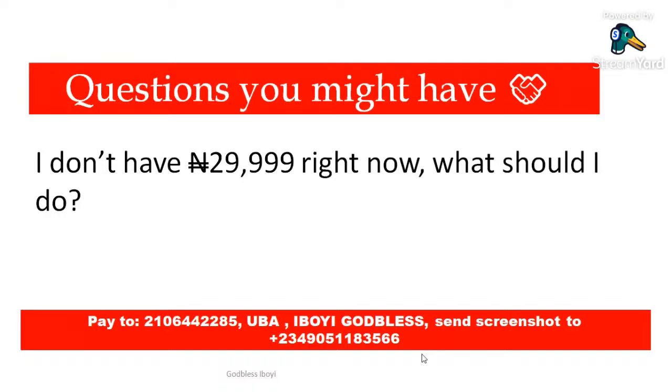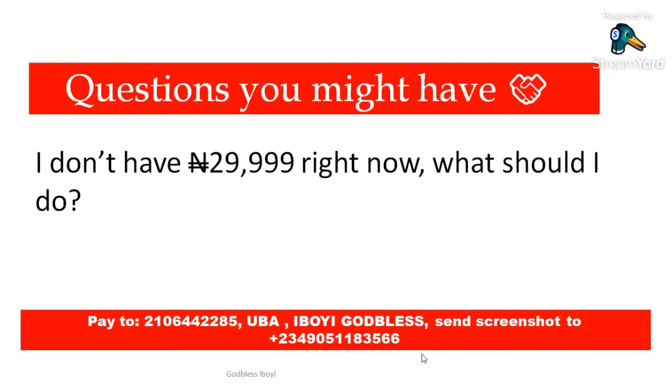And just to help you out, I will be accepting installmental payment, right? So you can pay bit by bit, you can pay twice or thrice, right? The best way I can help you is if you can spread the payment across 3 months. You can pay 10,000 the first month, 10,000 the second month, and 10,000 the third month.